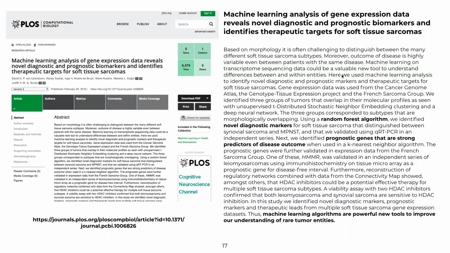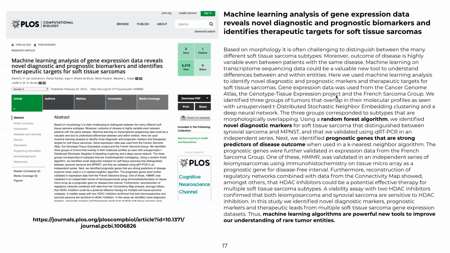So you can see that in a lot of these, some array of data is going to be used. For example, here you can see that they use the Cancer Genome Atlas and the French sarcoma group, right, that has a genotype tissue expression project.